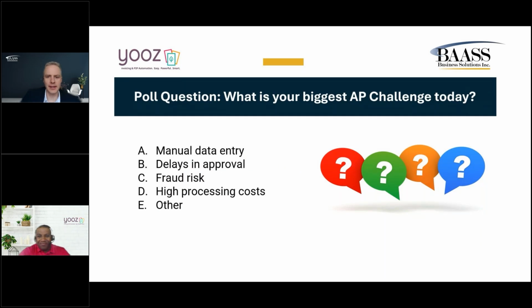It looks like manual data entry was the runaway answer there. Interesting. Jonathan, how does that align with what you see when you're out talking to clients? Great question. I'd say about 90% is manual entry.